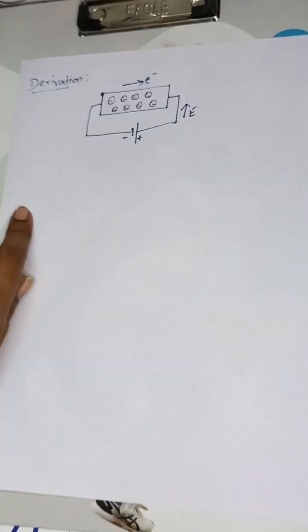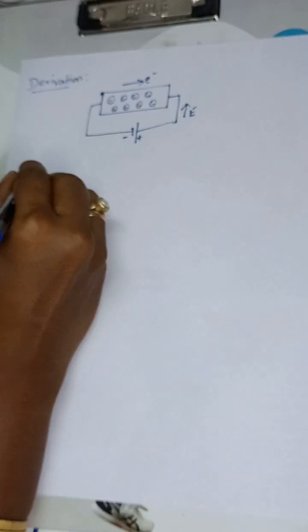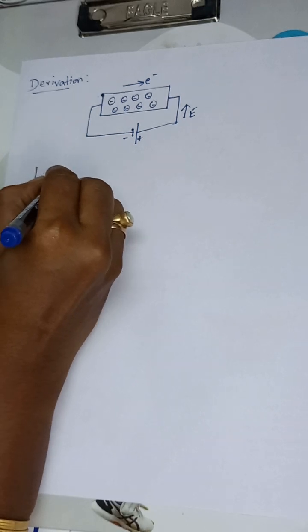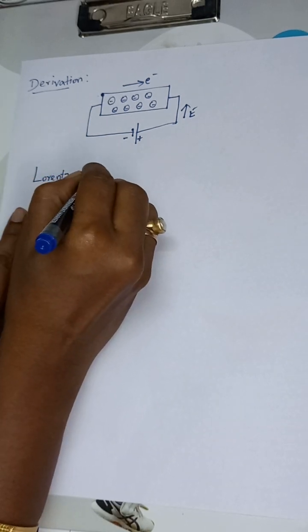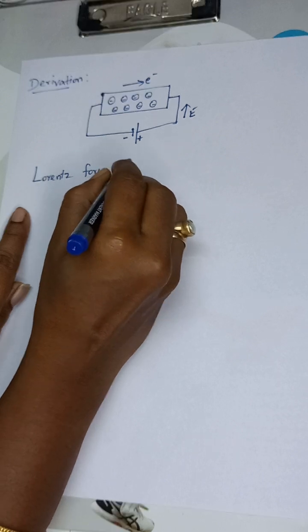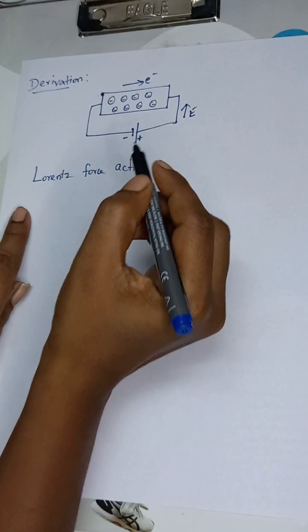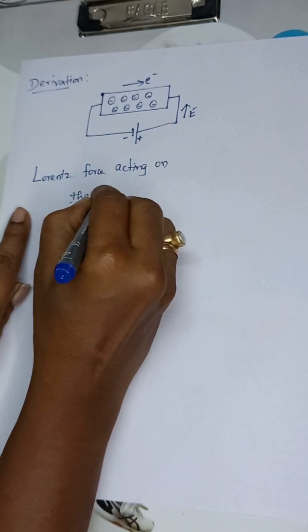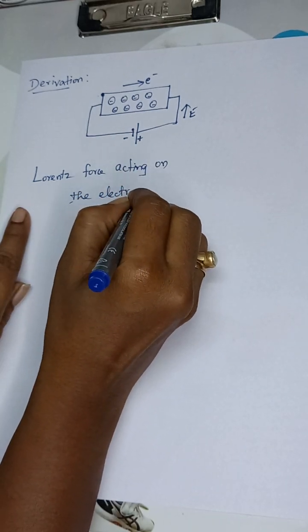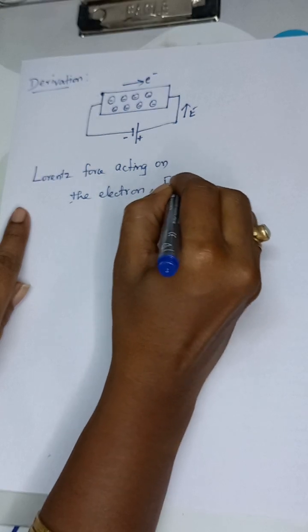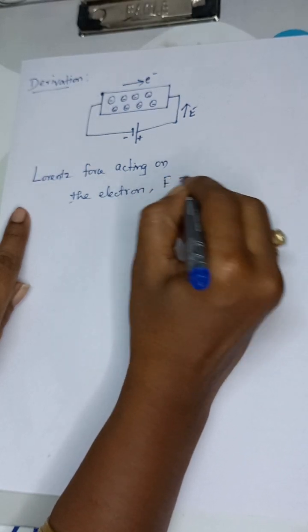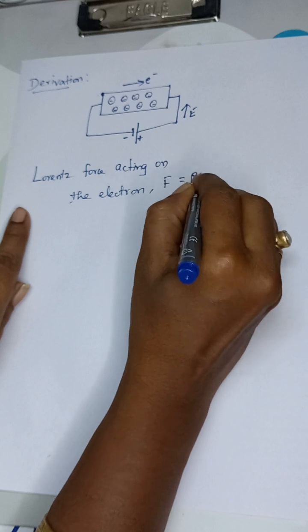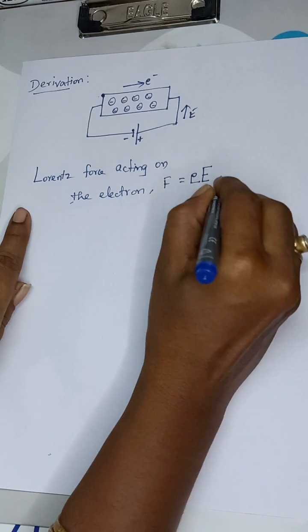So what is the Lorentz force acting on the electron? F is equal to the charge of the electron into the applied electric field.